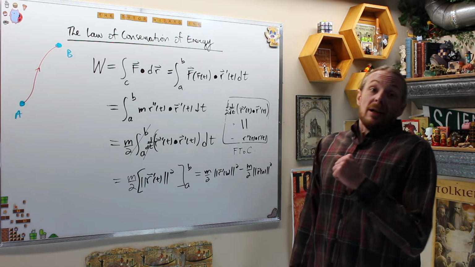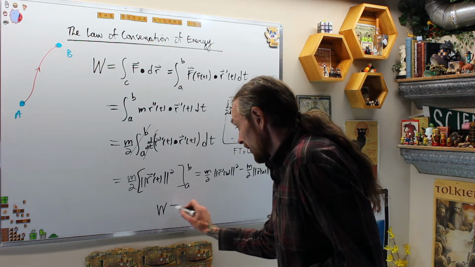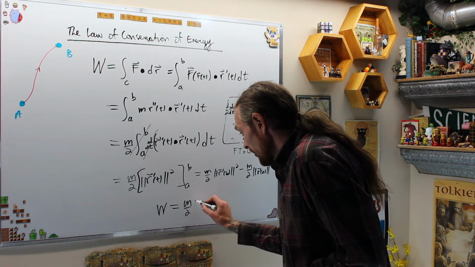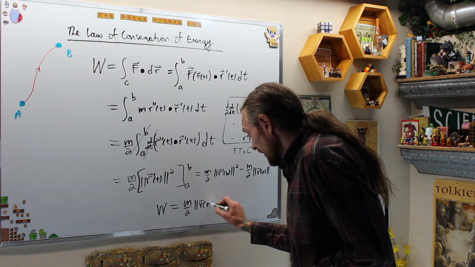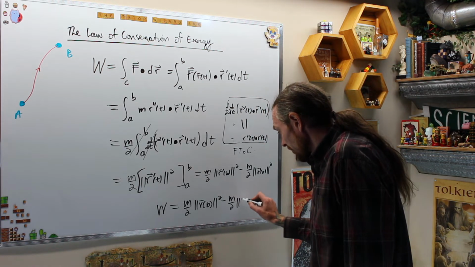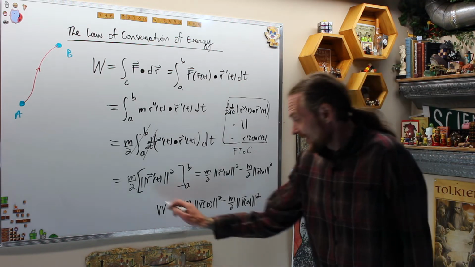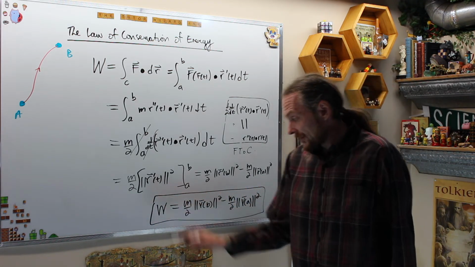And remember, r' is velocity, so this says the work is going to be m over 2 the norm of the velocity at b squared minus m over 2 the norm of the velocity at a squared. This is one derivation of what work is.